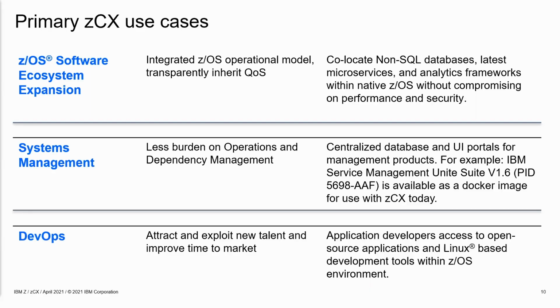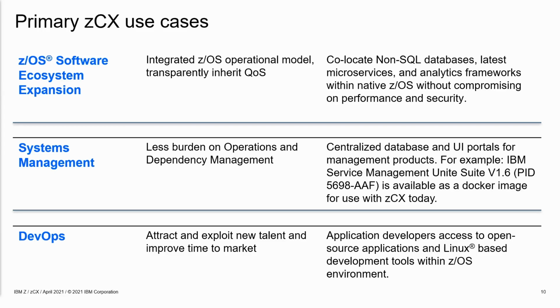So again, what are good candidates? It's a reiteration, in a different way, of the previous slide we talked about. We want to increase our zOS software expansion. There might be a use case for that. In this case, we want to transparently inherit zOS quality of service. The application doesn't run on Linux today and doesn't run on zOS today, and we want to inherit the zOS qualities of service for our Linux application.